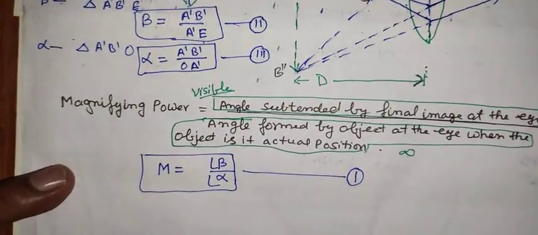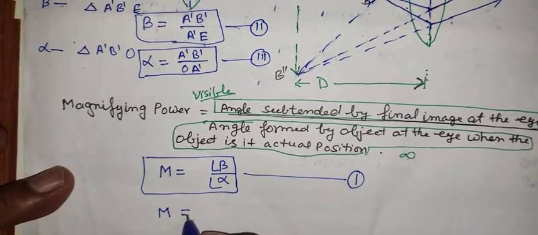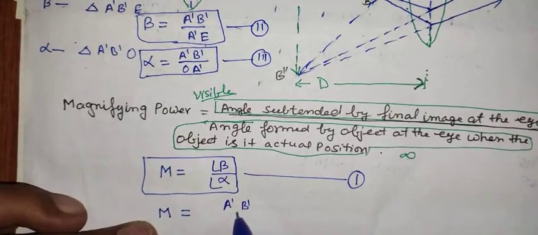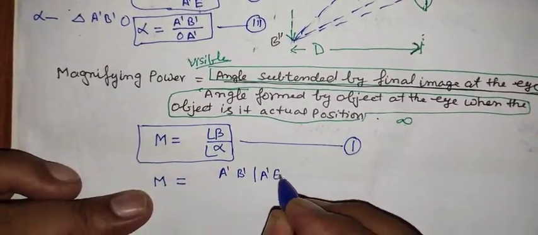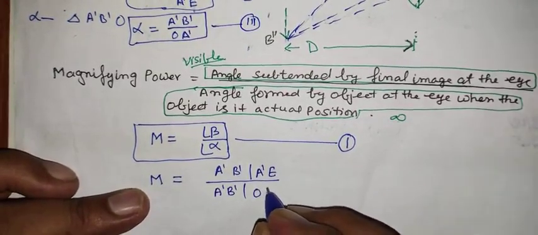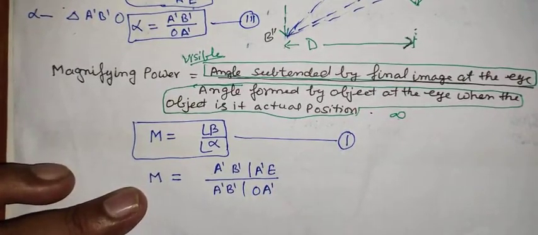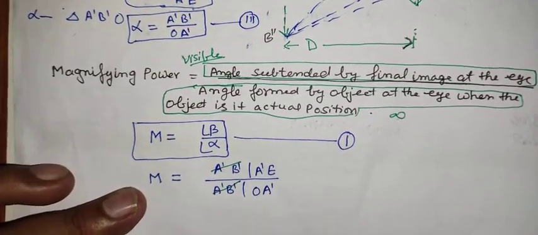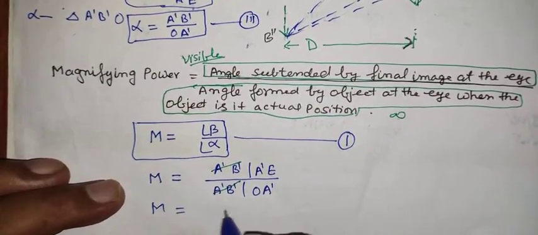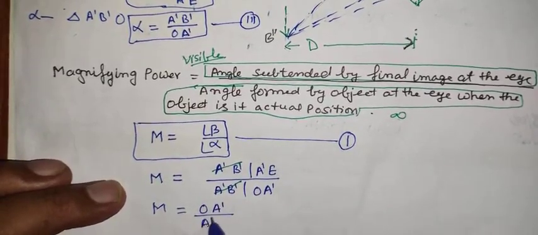In that condition, the magnification produced by the lens is equal to beta by alpha, that is A'B' by A'E divided by A'B' by OA'. Here A'B' is cancelled by A'B', so it can be written as M is equal to OA' by A'E.